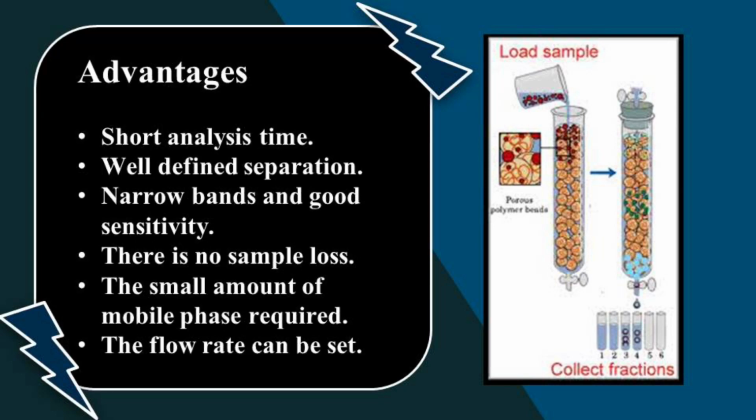Furthermore, gel filtration chromatography is compatible with a wide range of biomolecules including proteins, nucleic acids, polysaccharides and other macromolecules. It can be used for both analytical and preparative purposes, allowing for sample analysis and purification in a single process.